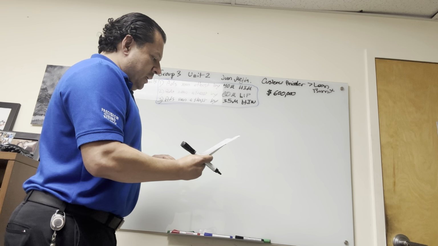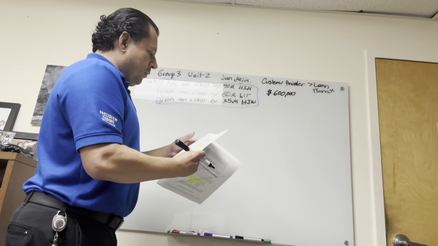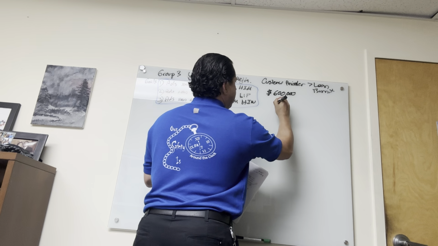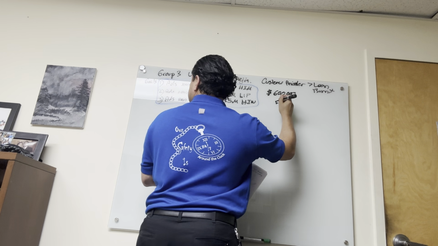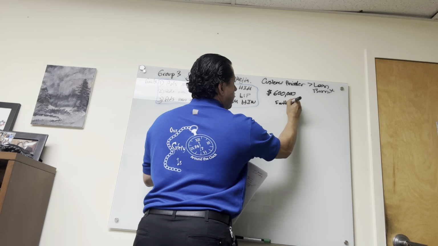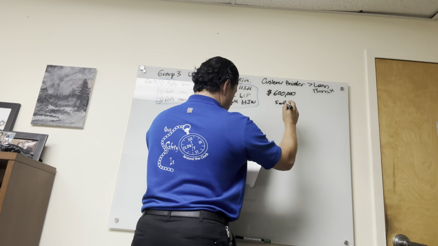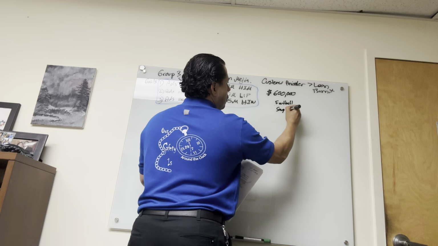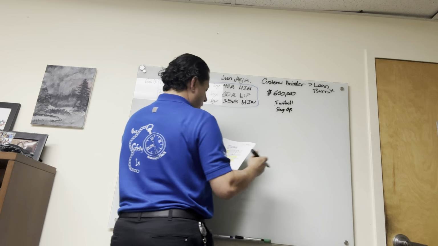It is given by the following table. So in millions, we have football, I'm going to put it here, football. And we also have soap operas, I'm going to call it like this.